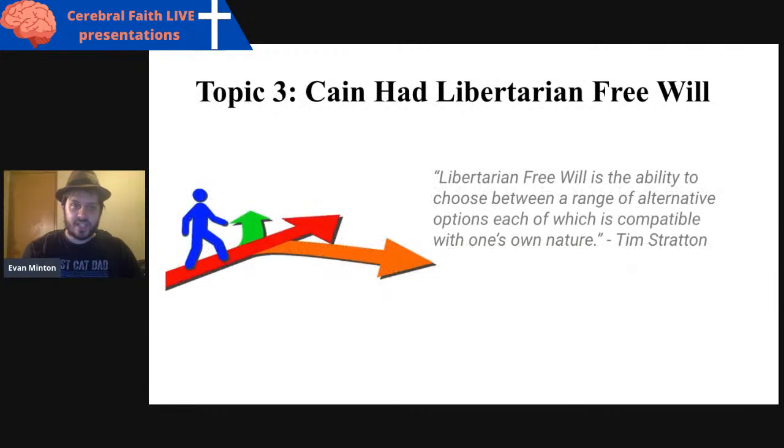So next topic is Cain had libertarian free will. The philosopher Dr. Tim Stratton of Free Thinking Ministries defines libertarian free will this way. Libertarian free will is the ability to choose between a range of alternative options, each of which is compatible with one's own nature.